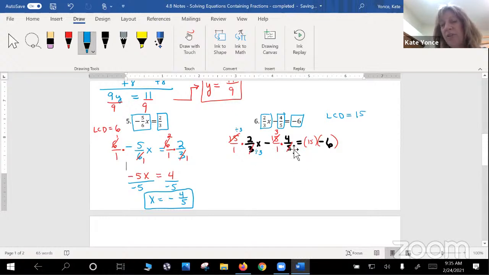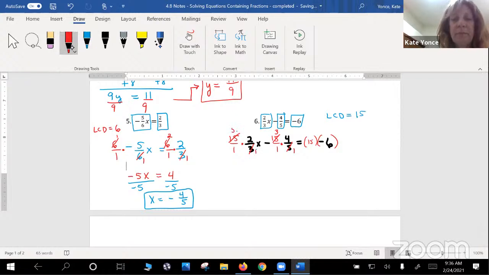Over here, we're dividing by 5, and 5 goes into 15, and anything divided by itself is 1. Does that help a little bit? Yeah, that does.